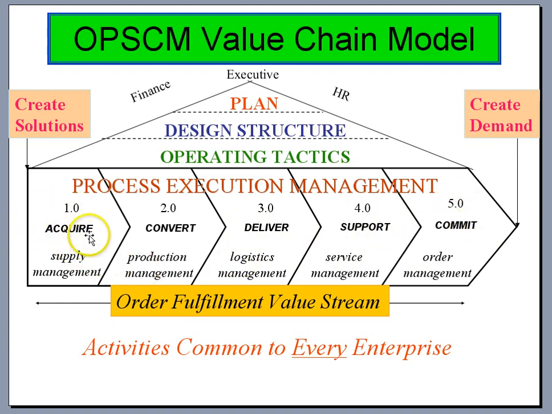In other words, the acquisition process is highly competent, the conversion is highly competent, the delivery, the support, and the commit, all are highly competent. It's like having 5 Michael Jordans on your basketball team. But you can imagine with 5 Michael Jordans, the problem is going to be working together. If you have 5 all-stars or 5 thoroughbreds, the challenge is getting them to pull together in the same direction and to use their strength to create the best output for the enterprise.